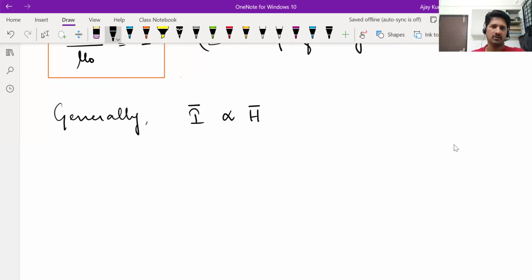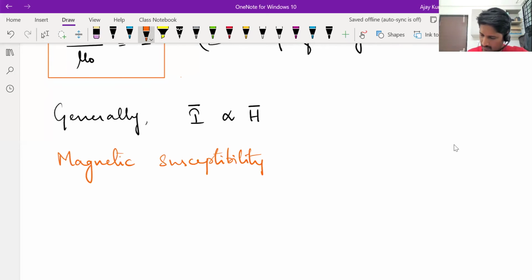And the proportionality constant is called magnetic susceptibility of the material. It is denoted by the Greek symbol chi, but we'll call it x for now. So the proportionality constant between I and H is x. So we write I is equal to x times H.